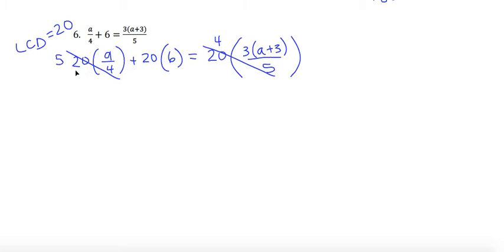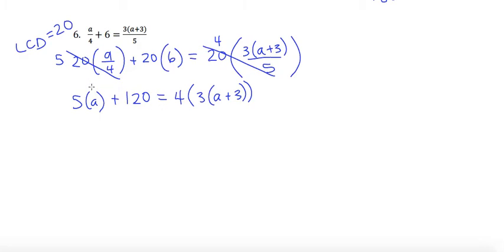So the next line of my equation will be 5 times a plus, and I can simplify this, 20 times 6 is 120. And then I have 4 times 3 times a plus 3. So I've gotten rid of my fractions so that it becomes an equation that just has numbers being multiplied.